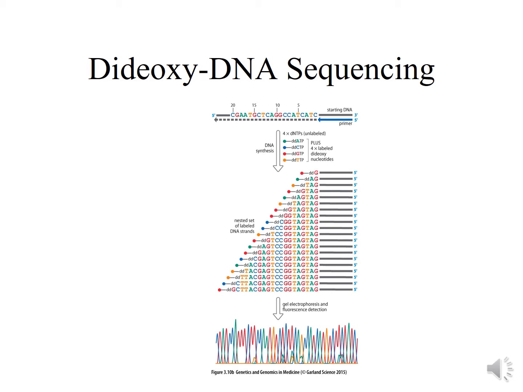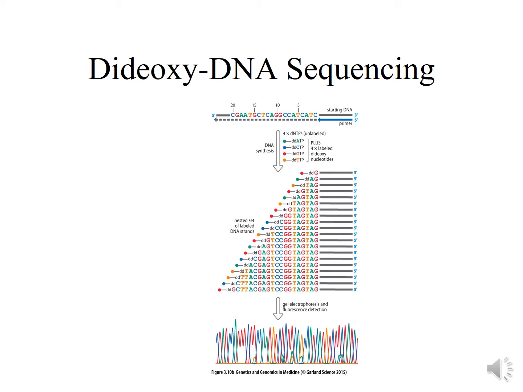In dideoxy DNA sequencing reactions, a DNA polymerase uses an oligonucleotide primer to make complementary sequences from a purified single-stranded starting DNA template. The sequencing reactions include dideoxynucleotides, which compete with the standard deoxynucleotides to insert a chain-terminating dideoxynucleotide.